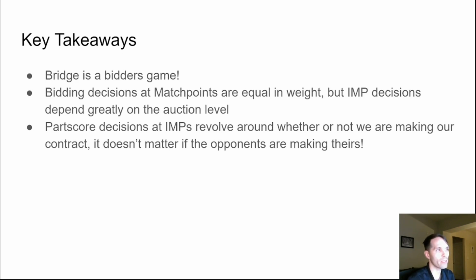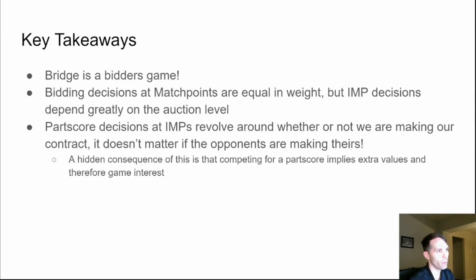So for a lot of those reasons, it's very valuable to consider whether or not we are making our contract, and that's going to lead to us deciding whether or not we want to compete at imps. Now, this leads, if you take a second step further in the analysis, to this hidden consequence, where if we're making bidding decisions at imps about competing for part scores, specifically based on whether or not we think we're making our contract, that has the implication that we actually have extra values.